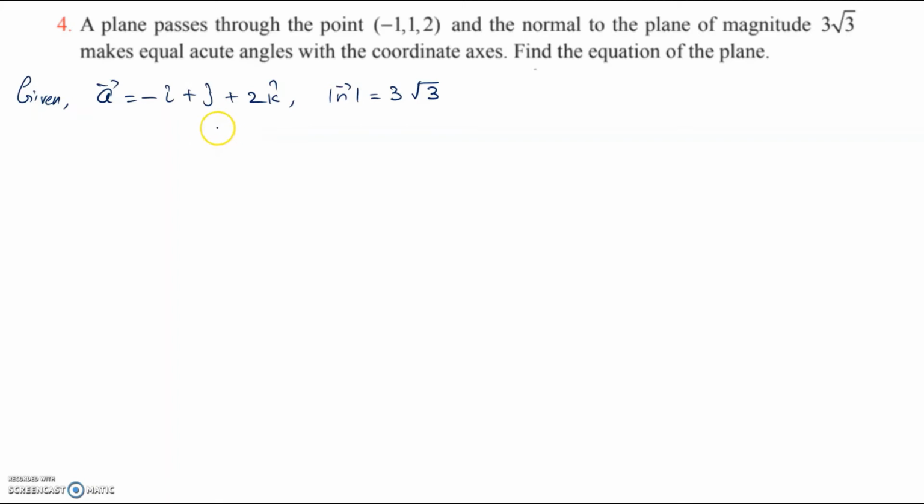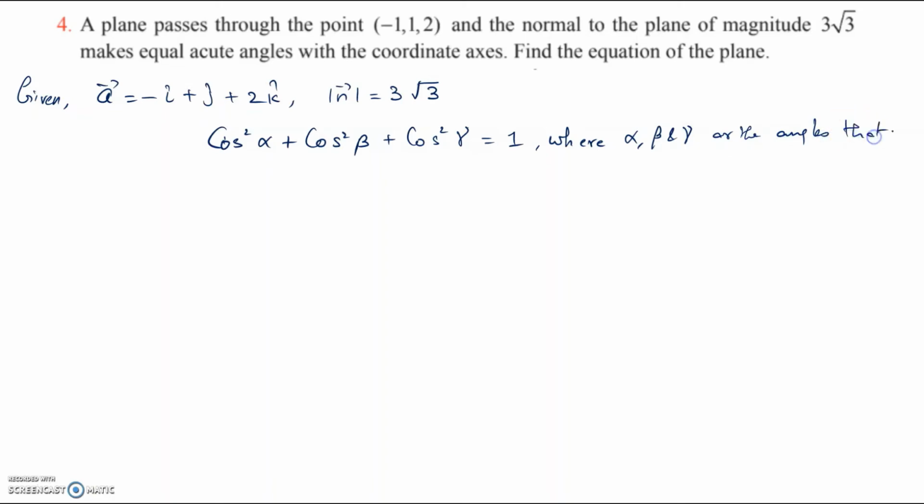Using the direction cosines, cos squared alpha plus cos squared beta plus cos squared gamma is equal to 1, where alpha, beta and gamma are the angles that the normal makes with the coordinate axes.